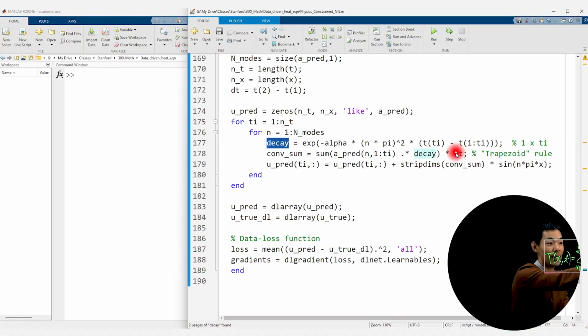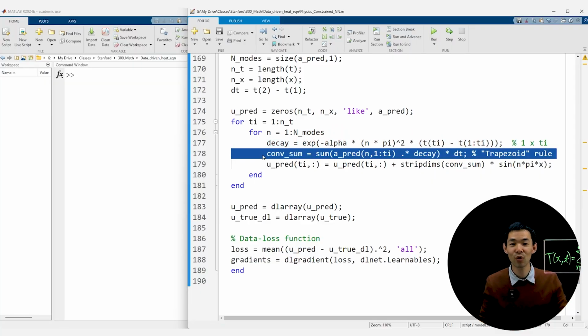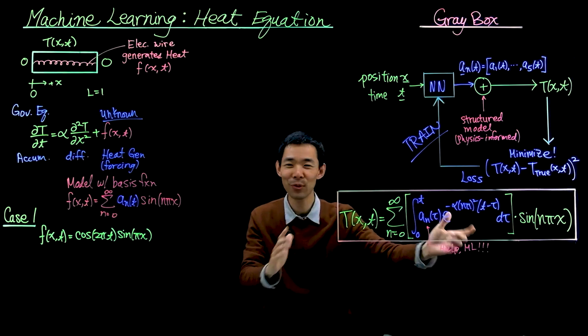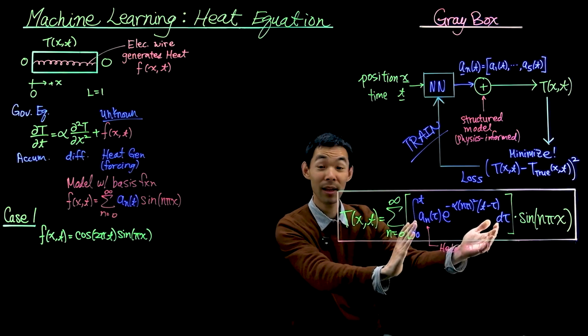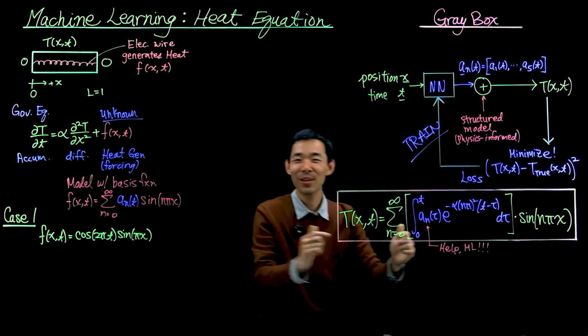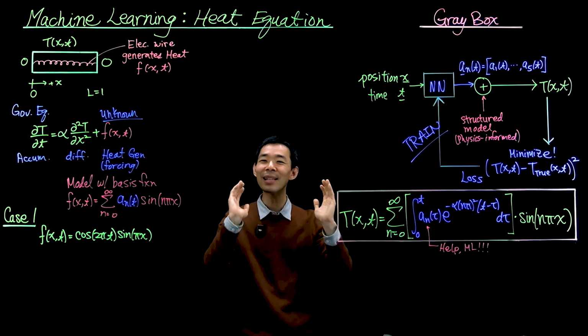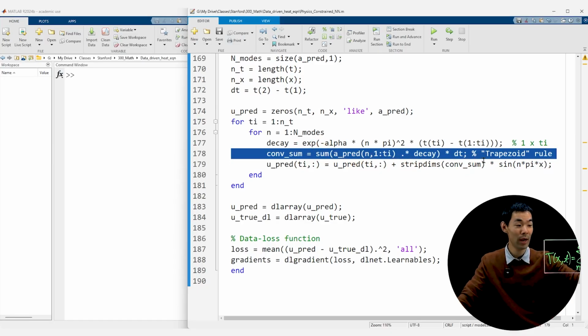That's the small increment d tau inside this integral. This is just the trapezoid rule, right? When you take an area under the curve, which is what we're doing here, everything in blue that I've shown you up on the board, this is an integral. If you want to numerically integrate this, you just use the trapezoid rule. You get the height, you multiply the width. That's exactly what we're doing here. So conv underscore sum is the integral under the curve, everything in blue right here.